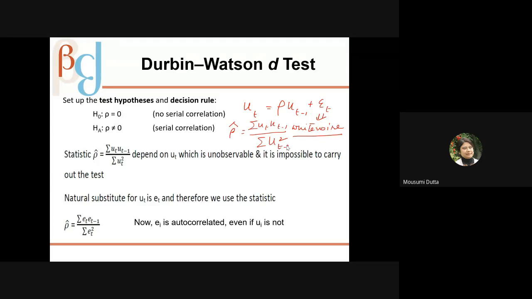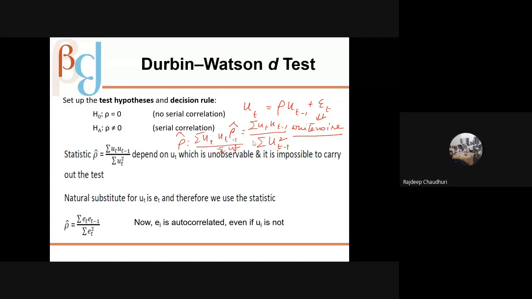So in the denominator, instead of considering the lagged error term, you may consider summation ut square. All are possible. So an alternative you can suggest is rho hat equal to summation ut ut minus 1 divided by summation ut square, etc.